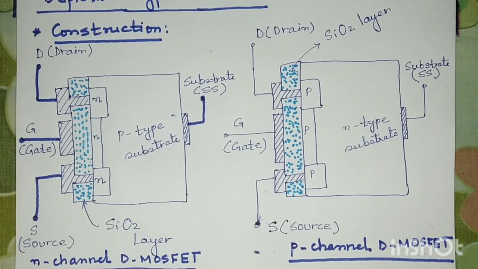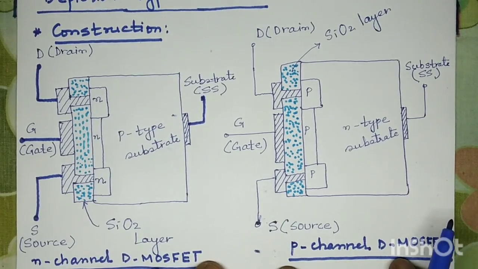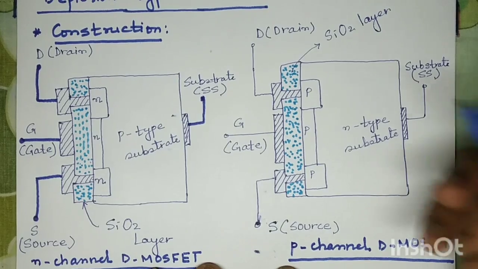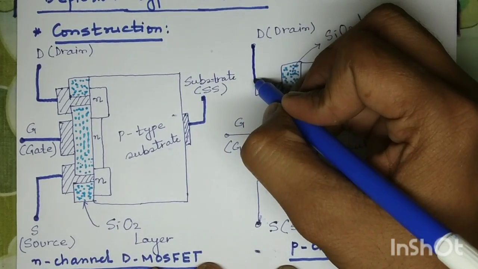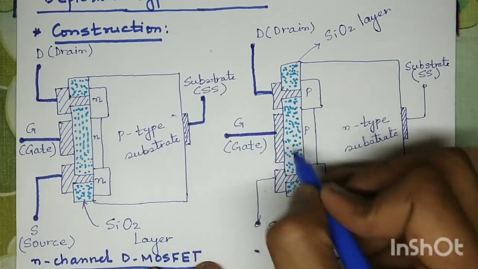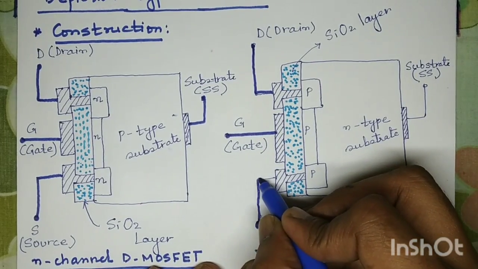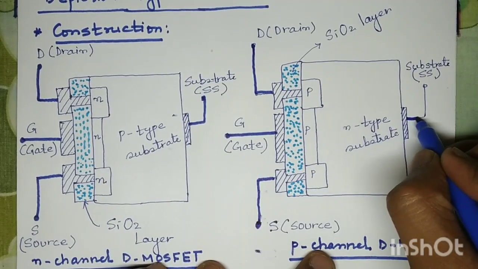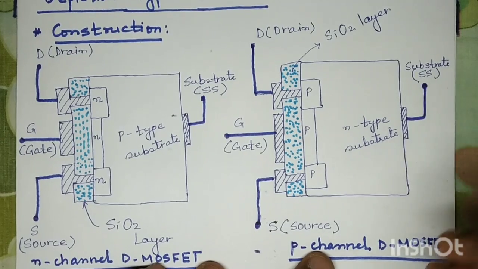Similarly, the p-channel MOSFET also consists of 4 terminals: drain, gate, source, and substrate.